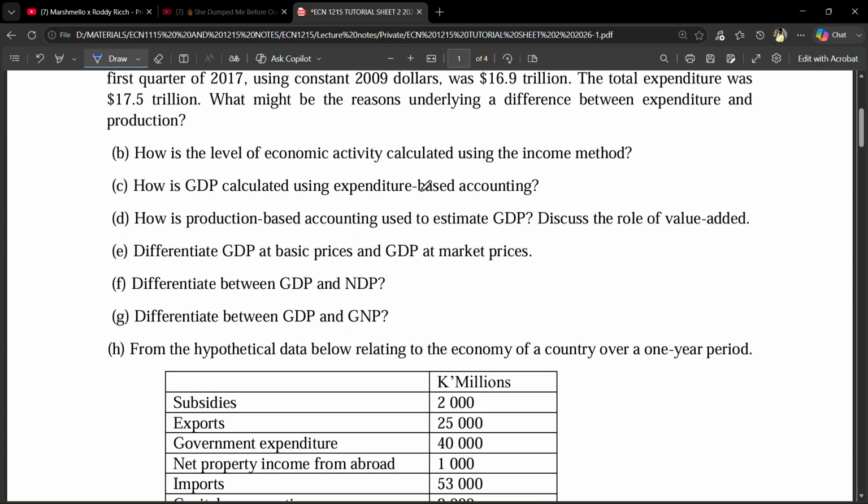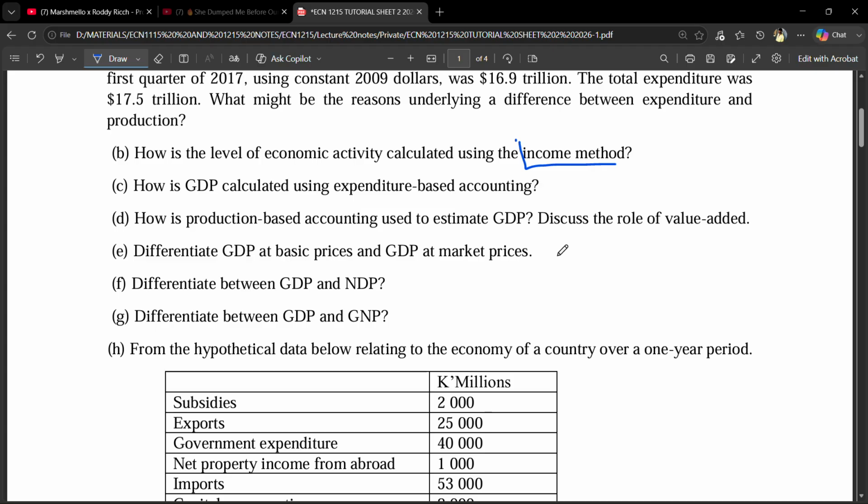Now if you're calculating GDP using the income method, you need to know what we mean by adding incomes. Adding income means that we're going to add all the incomes that are earned by the factors of production.